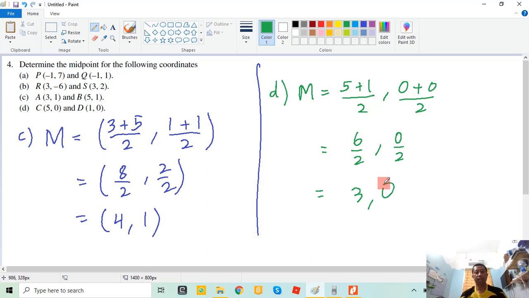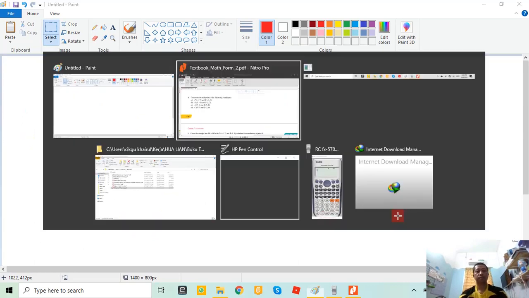Okay, usually I see answers like this in exams, but please do not write the answer like this, because you need to put brackets. Brackets are compulsory for coordinates. When the question asks you for coordinates, always put brackets. Okay, so this is the answer for question number 4.